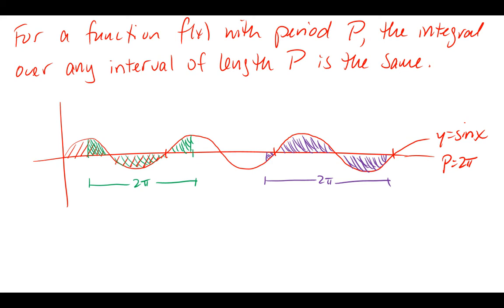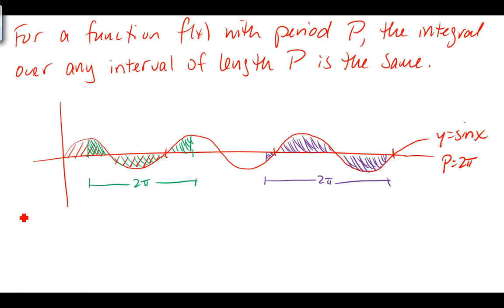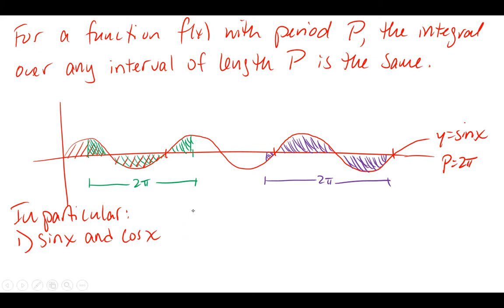Okay? So in particular, for sine and for cosine, you get 0 for all of these. So maybe I'll just jot that down at the bottom here. So I'll say in particular, just regular old sine of x and cosine of x. Sorry, I should just do this with symbols here.